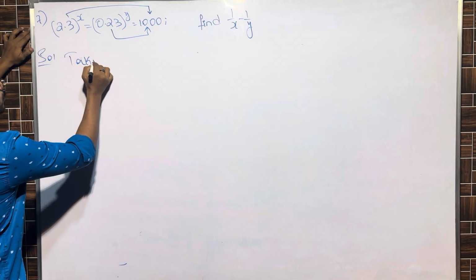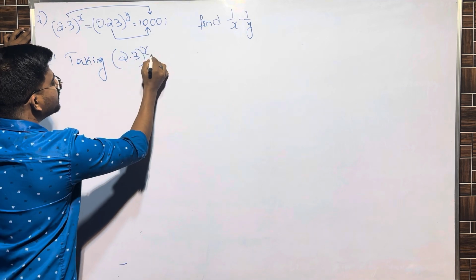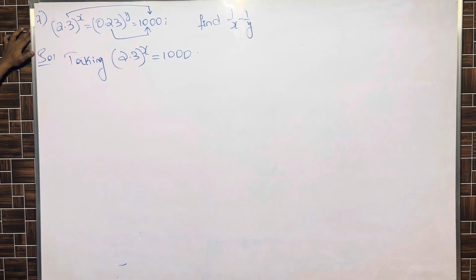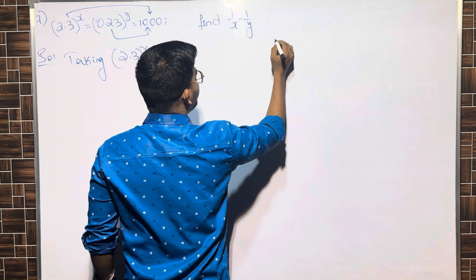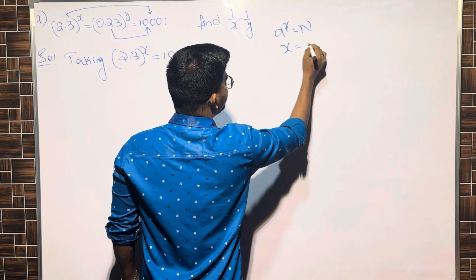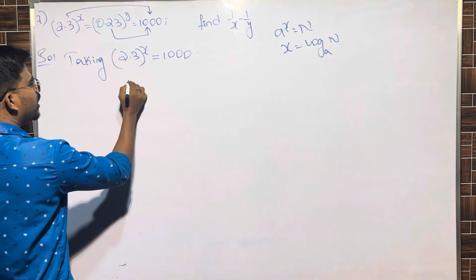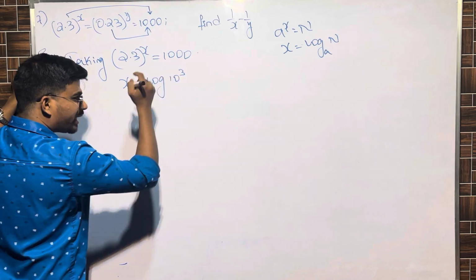Taking 2.3 whole power x is equal to 1000. Now, apply this logic. A power x is equal to n, which I said x is equal to log n to the base a. So, the same way, x is equal to log 1000, which can be written as 10 cube.